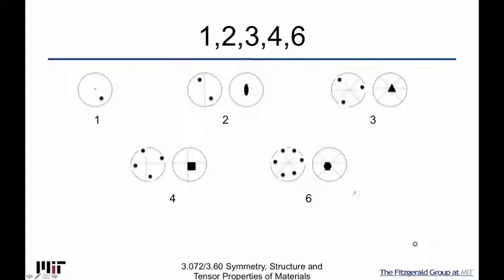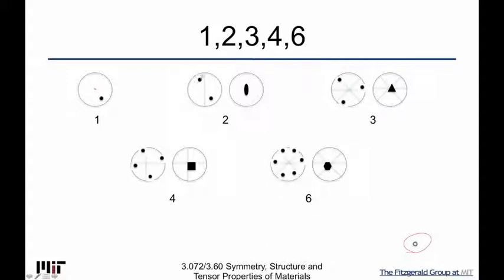Now, what we're going to do later, as you can see down here, the other symbol we're going to use is an open circle, and that's going to show something on the other side of the sphere, right? So for example, suppose I want to make this blue line a twofold axis as well.